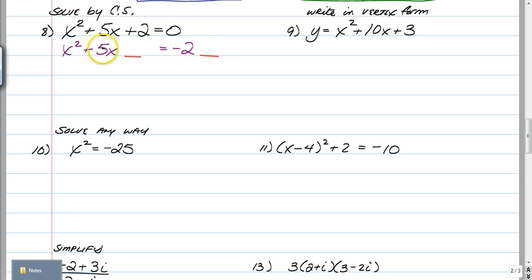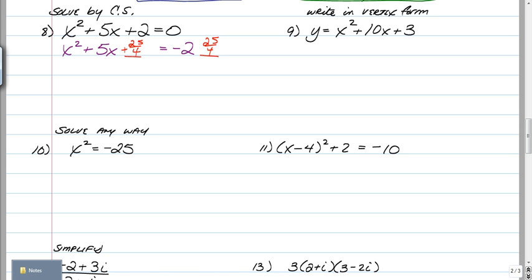Half of 5 is 5 halves, squared is 25/4. Now, I'm giving you a fraction in this video for a reason. Use your calculator. If you take your calculator and press 5 divided by 2 and then square it, change it back to a fraction, it'll do it for you. So you have to add 25/4 to both sides. I'll get the calculator back up in a minute and show you.